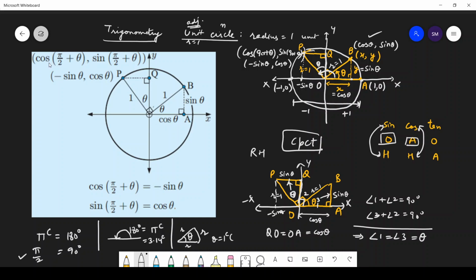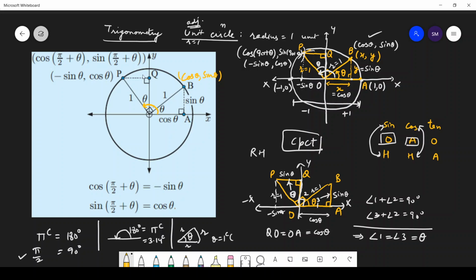So students, cos of 90 plus theta, because that is 90, so 90 plus theta. So here cos theta, sine theta, these are the coordinates. So any point has the coordinates cos theta, sine theta. So now the angle here is 90 plus theta.